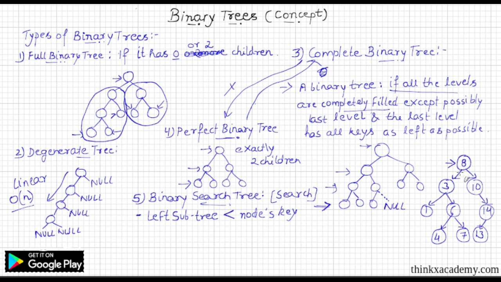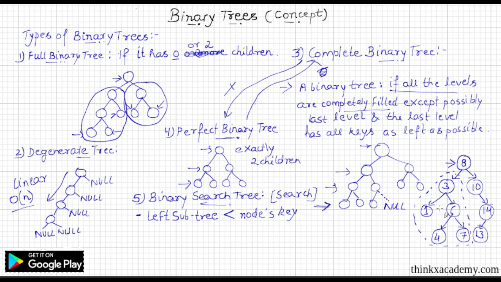So for example, let's suppose we are considering this node. It has the value 8. If we are considering its left subtree, which is this one, you can see that all the values inside this left subtree are less than the node's key, and you know that the node's key is 8. 1, 3, 6, 7, 4 are all less than 8.